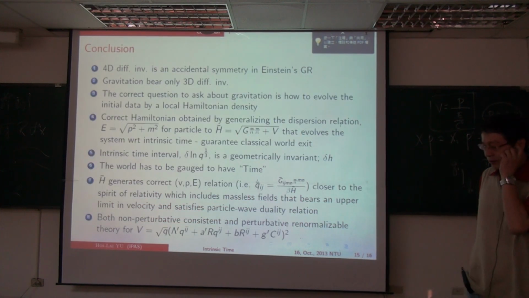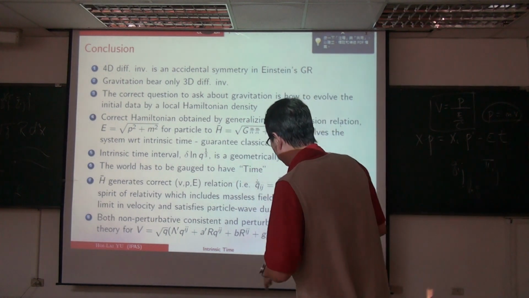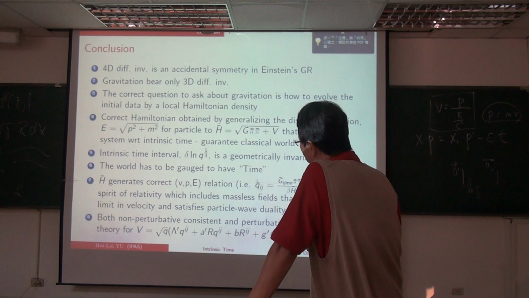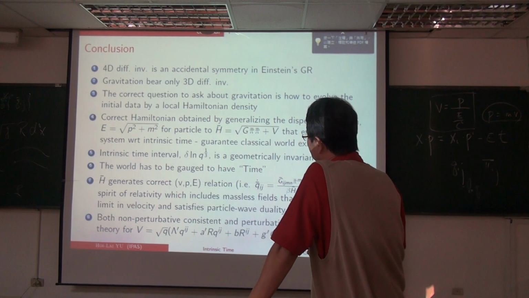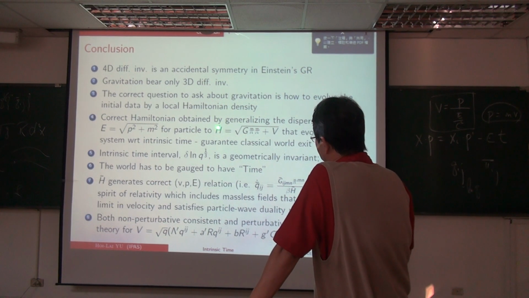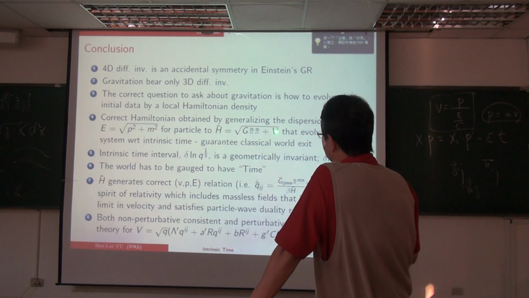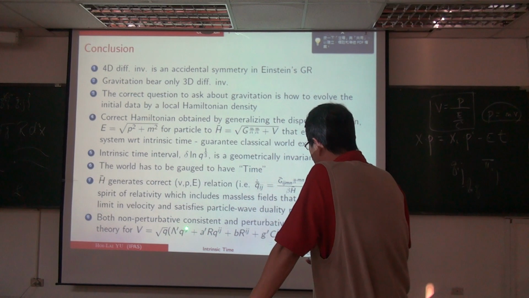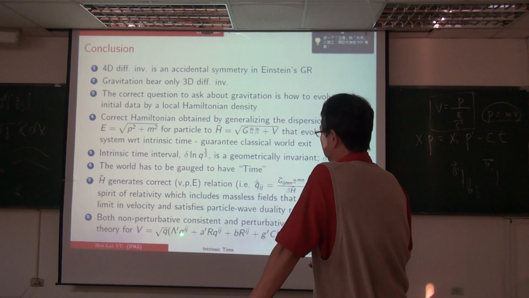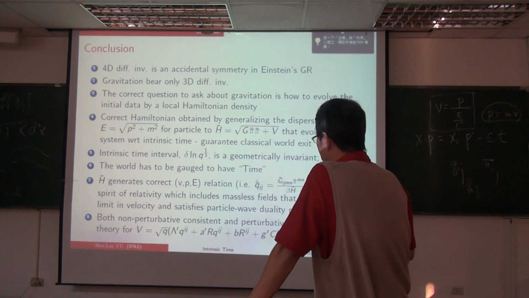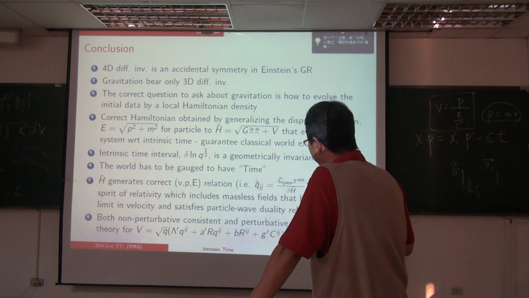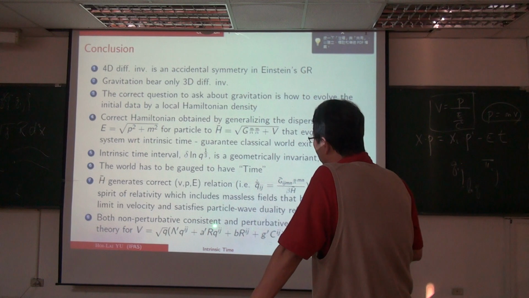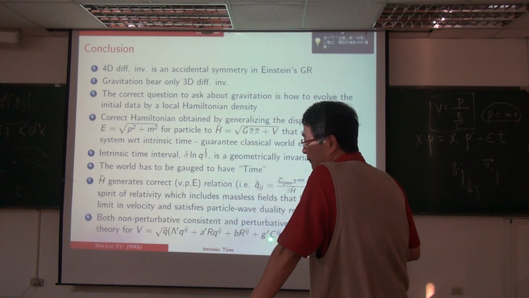Okay, I think the correct physics is, for example, my potential. The important role of this theory is that my Hamiltonian is like this, and these are h dependent, time dependent objects. And at various times, different terms will dominate.